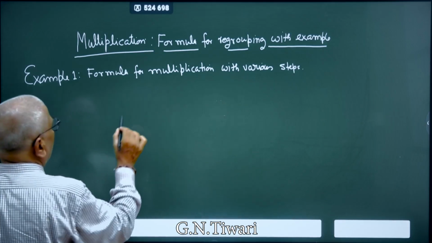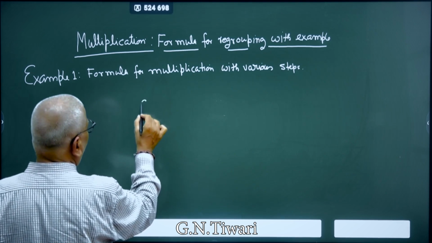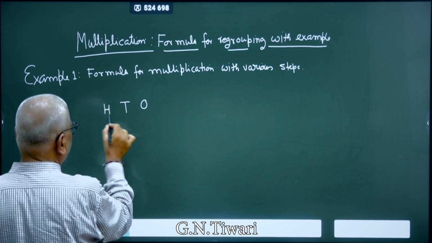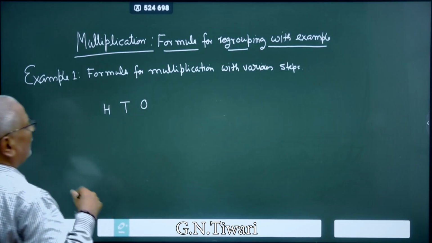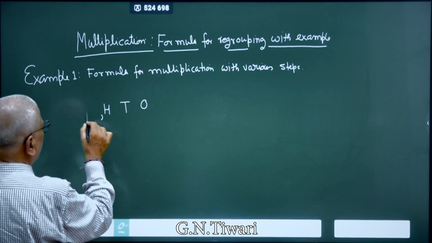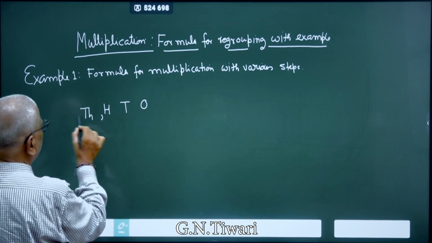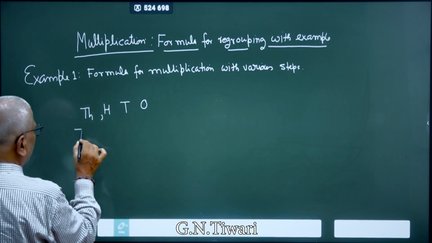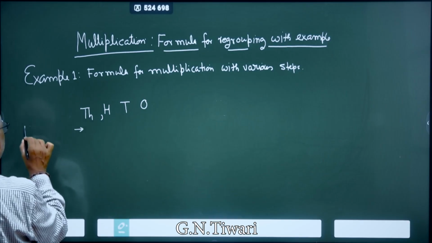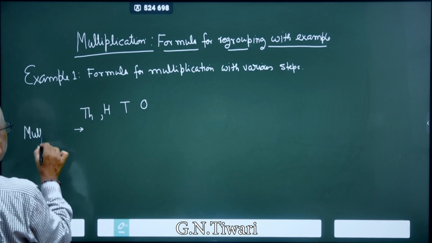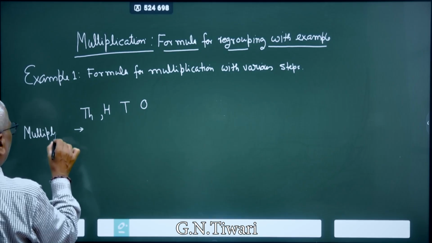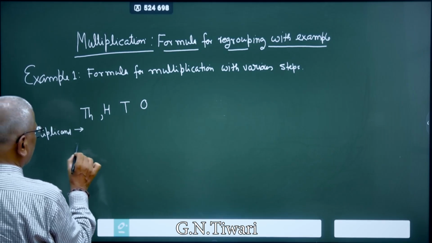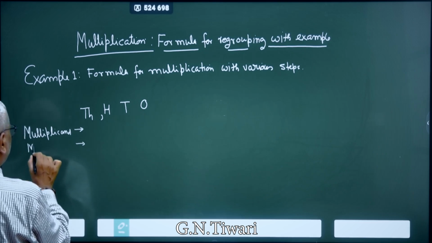Just say for 3-digit, if you'll have ones, tens, 100, and obviously when you go for 3 digits, then it is going to be thousands like this. And the first number is referred to as multiplicand. And the second number is referred to as multiplier.